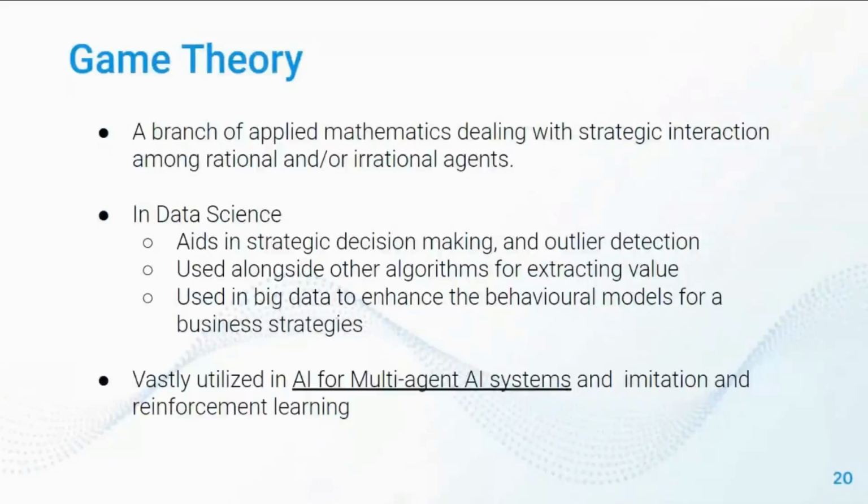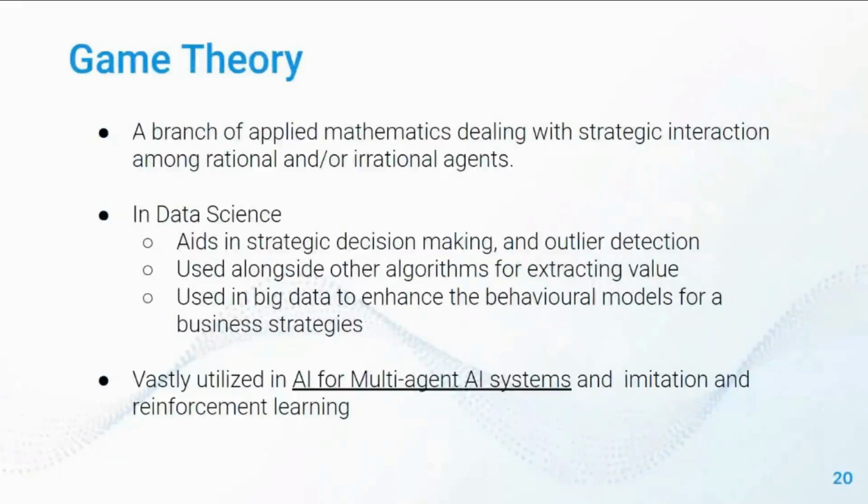It's also extremely utilized in AI for multi-agent AI systems and imitation and reinforcement learning. Multi-agent systems are any system that's not a single agent, single user. It can be the game of tic-tac-toe, or the game of chess, which are both competitive games, and we'll get to that in a moment.